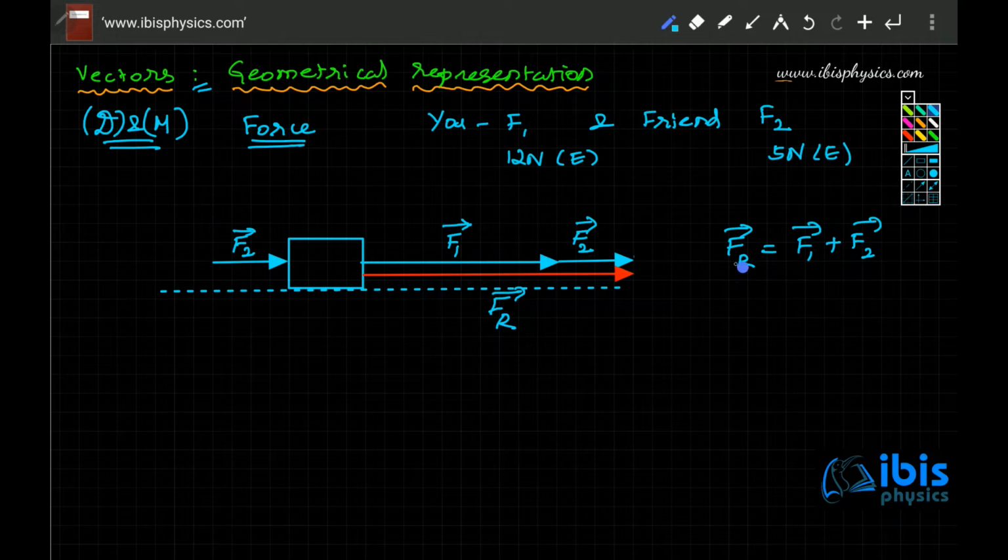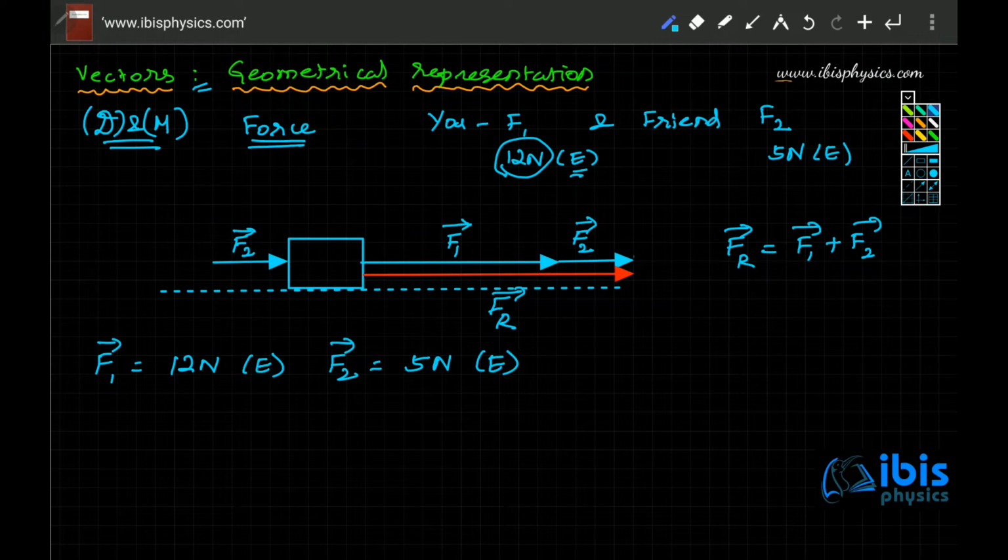That means there are two ways of writing it. How much force have you applied? 12 Newton, and in what direction? East. So the F1 vector tells you 12 Newton force along east, and the F2 vector tells you 5 Newton force along east.